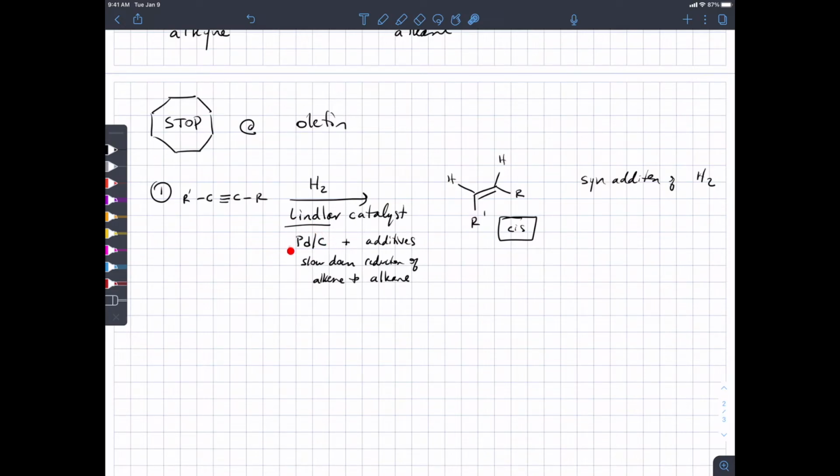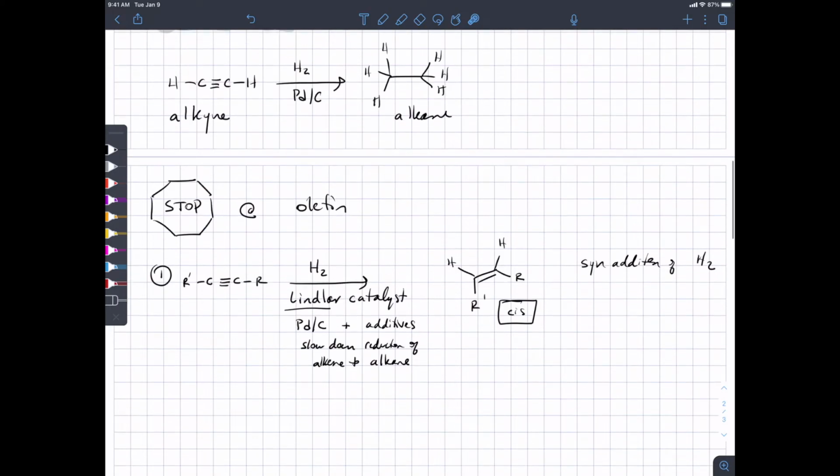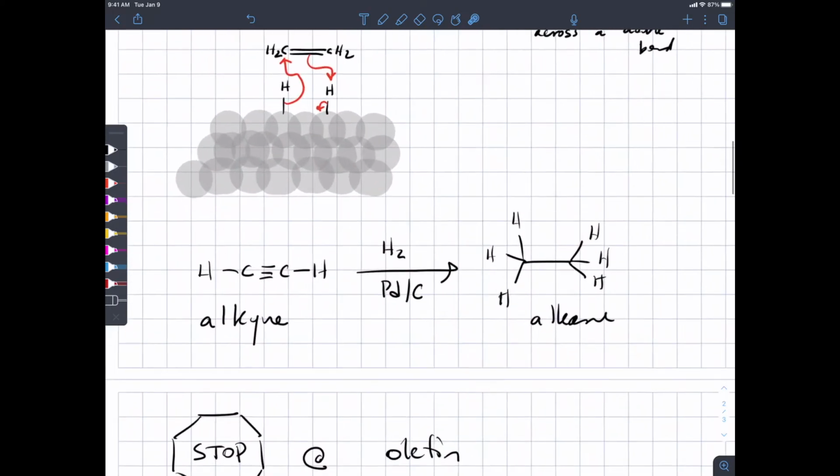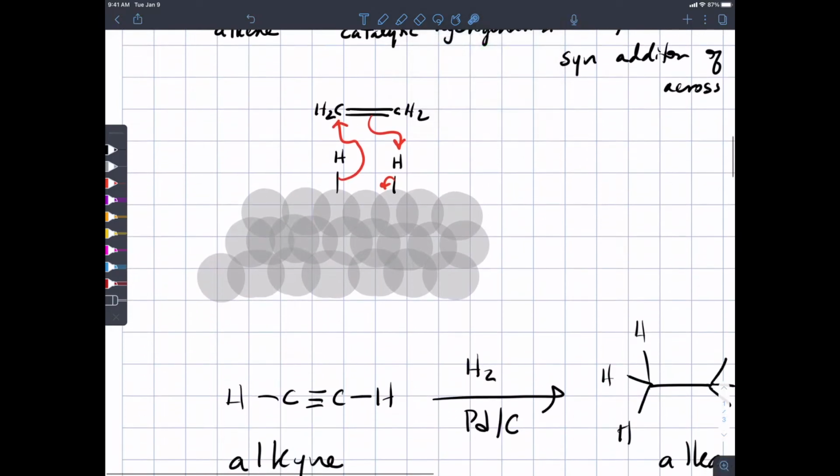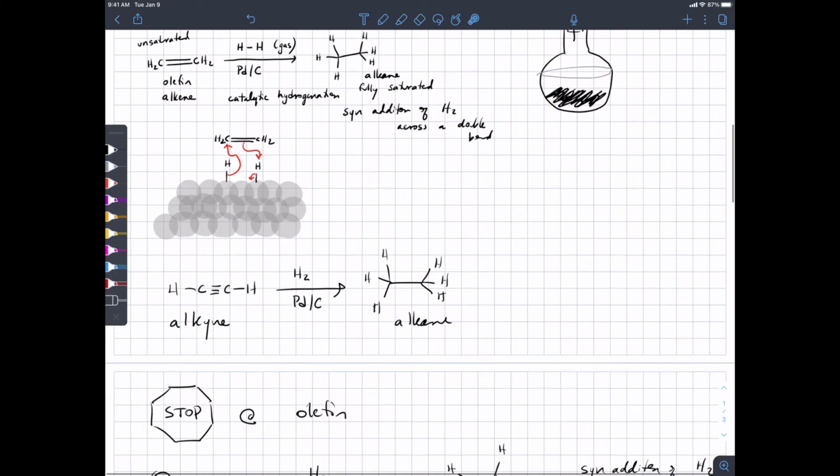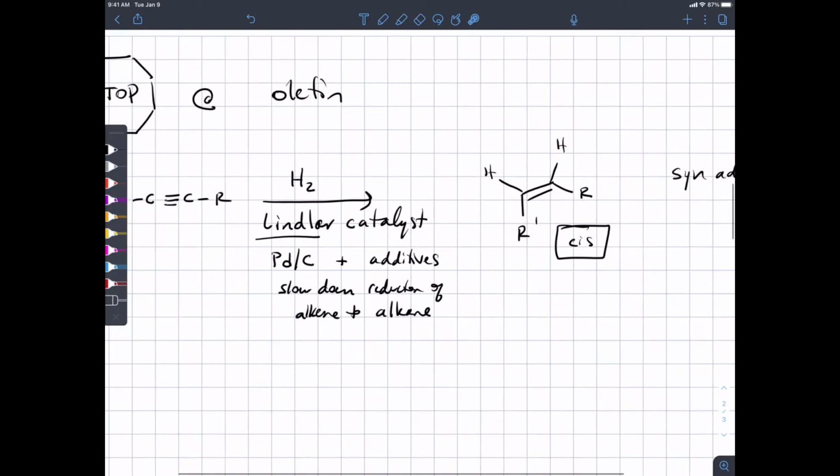However, if you remember that this catalyst involves palladium metal, then hopefully your mind will be drawn back to this idea that it still occurs with the alkyne approaching a metal surface, so both of those hydrogens get added from the same side, and if that happens, then yes, you do get syn addition of hydrogen across one of the pi bonds of the alkyne.